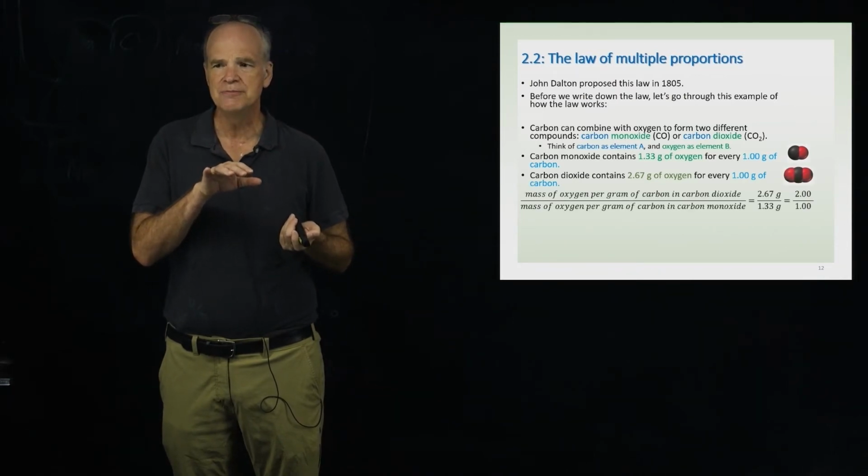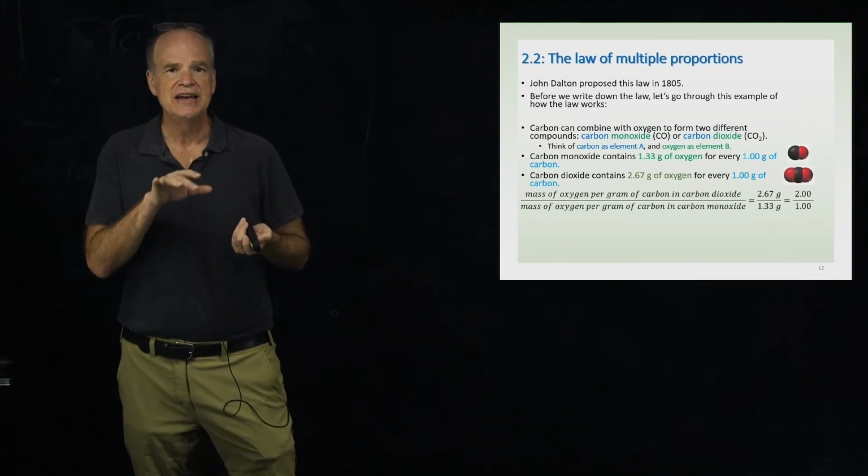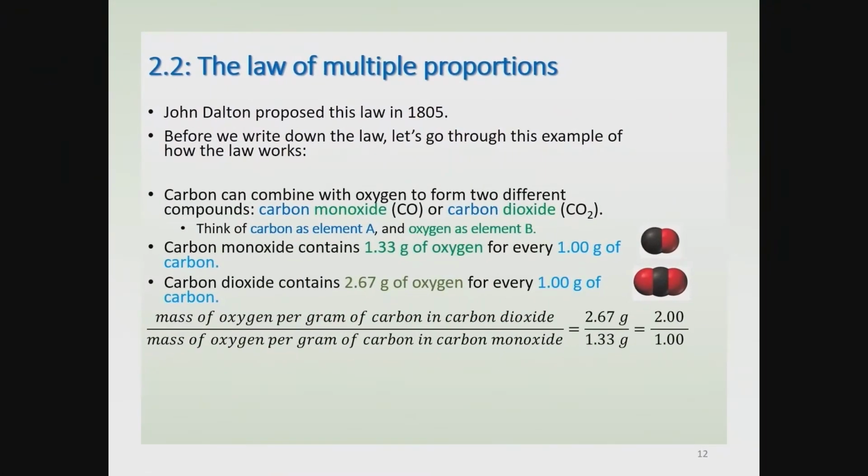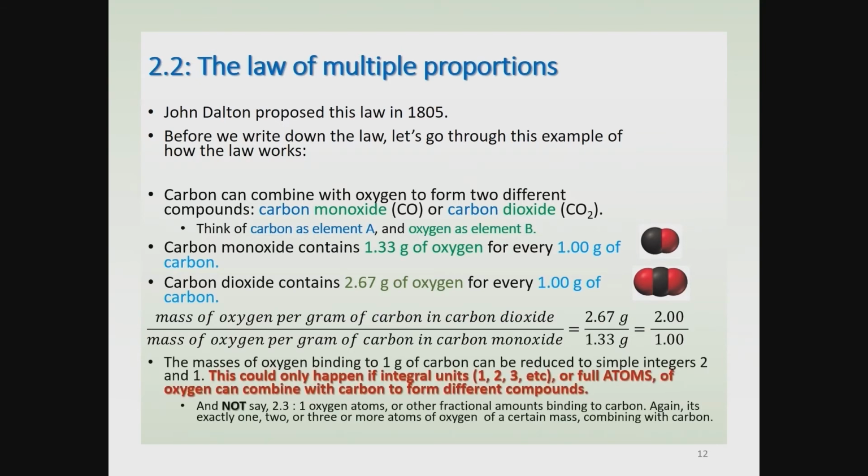And so what you can probably see is that if you took the mass of the oxygen in the carbon dioxide divided by the mass of the oxygen in the carbon monoxide, they divide out into integral proportions. Basically, the mass of oxygen in carbon dioxide is double the mass of the oxygen in carbon monoxide.